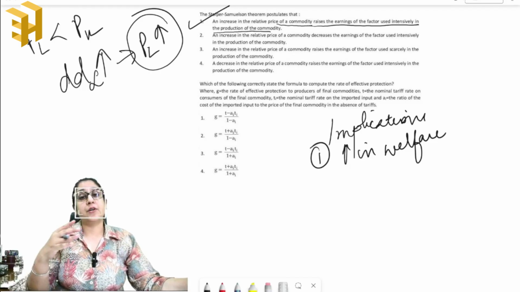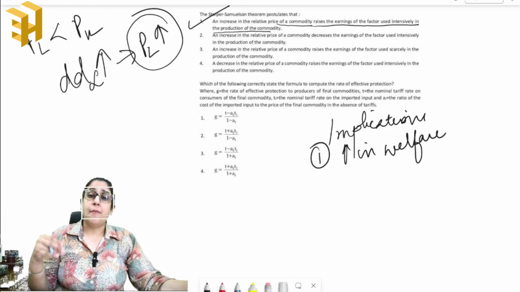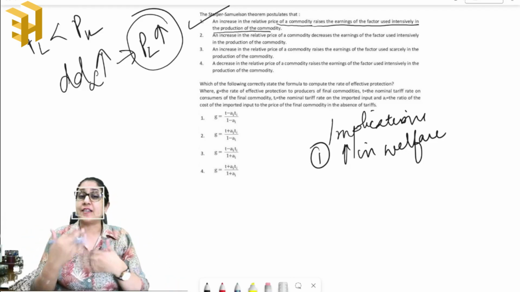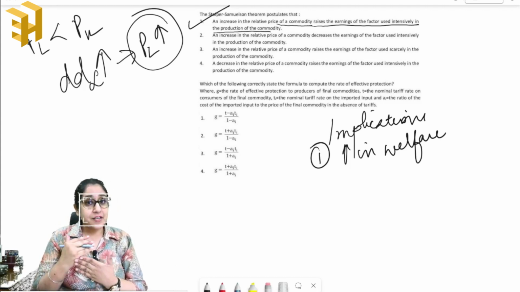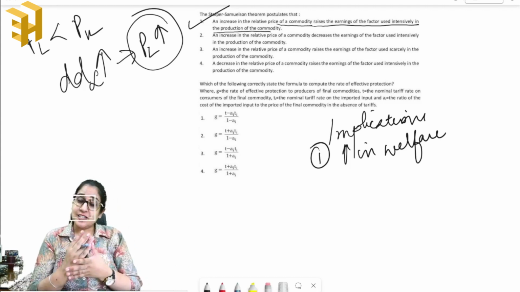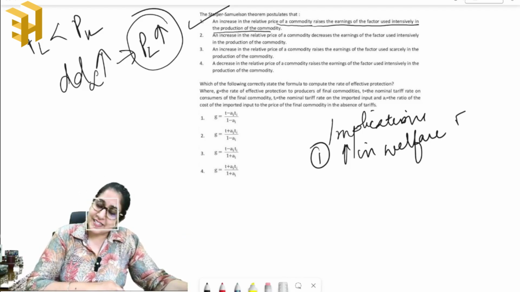Because labor is abundantly available, the price of that factor would be less. But once you start engaging that abundant factor in your production process, its demand increases, its wages increase, and as a result, the welfare also increases.